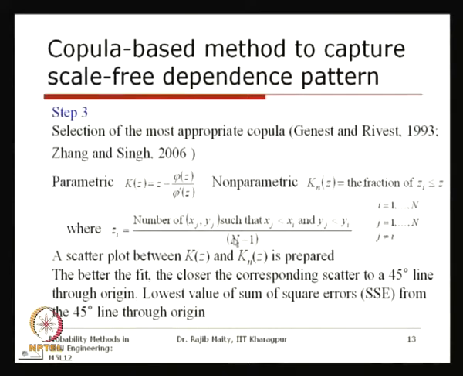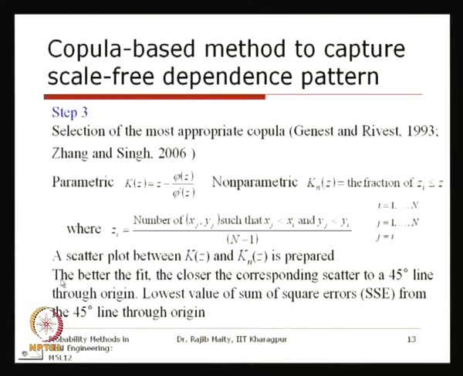In this way we will get both the estimates, K(z) and Kn(z), one parametric and another non-parametric. Now, if we prepare a scatter plot of K(z) and Kn(z), and if we have selected the copula correctly, these two should lie on a straight line through the origin, making a 45° angle, if these two are ideally the same.